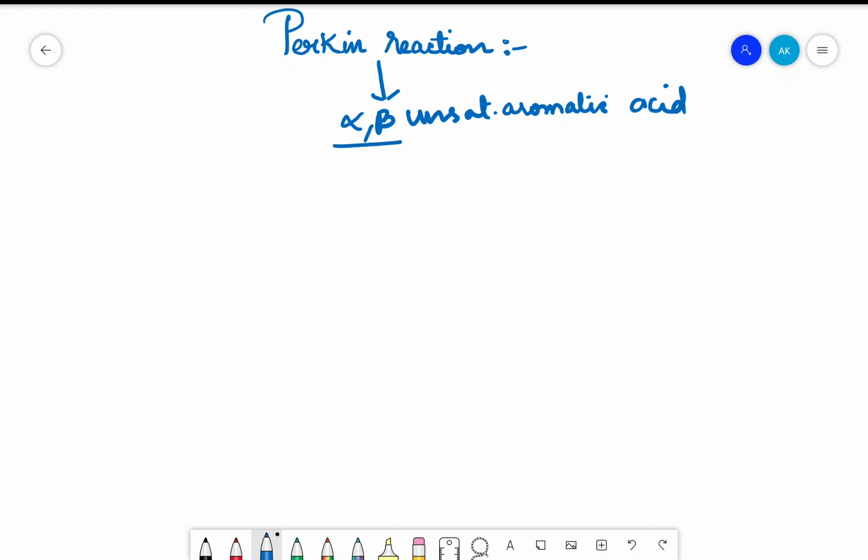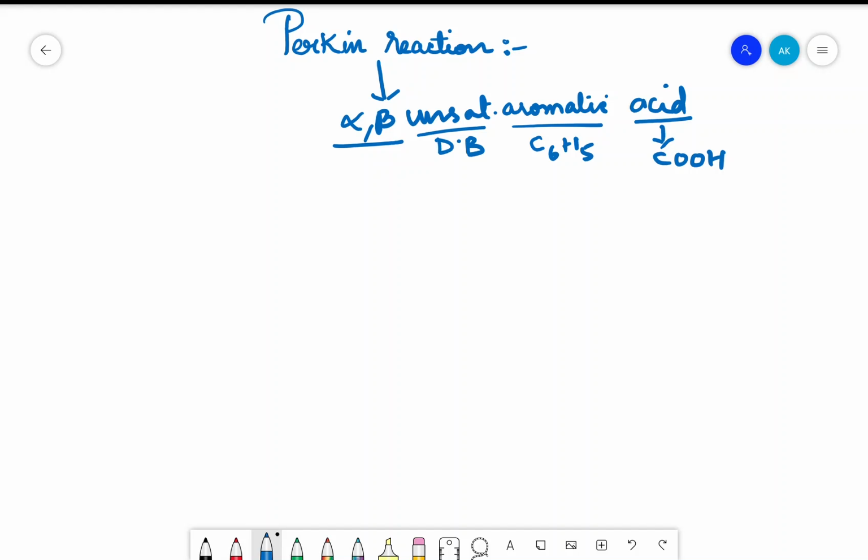Alpha beta is the position next to the functional group. Unsaturated means it has a double bond. Aromatic means it has a C6H5 group, or an aromatic compound related to benzene, and acid group here stands for COOH.